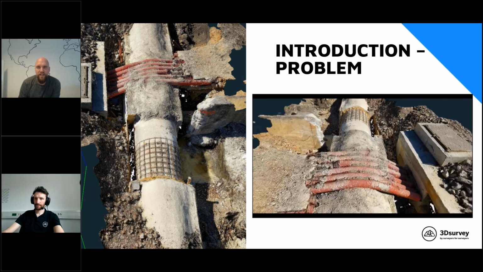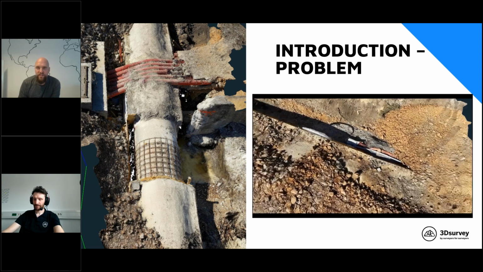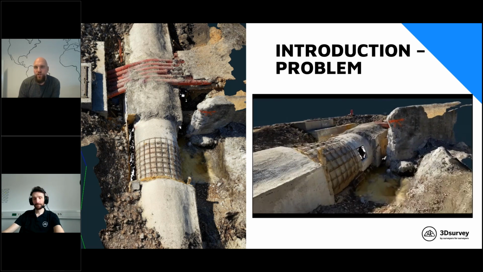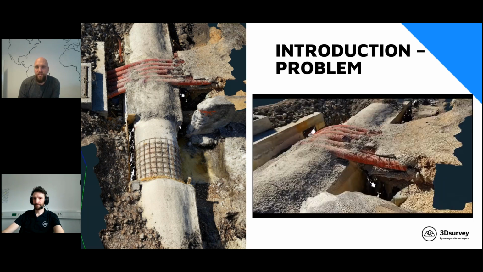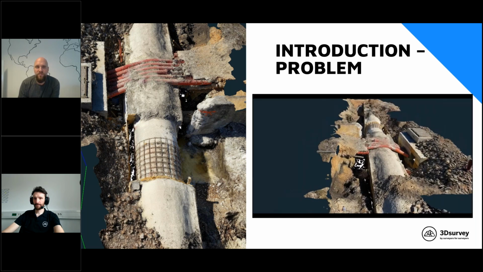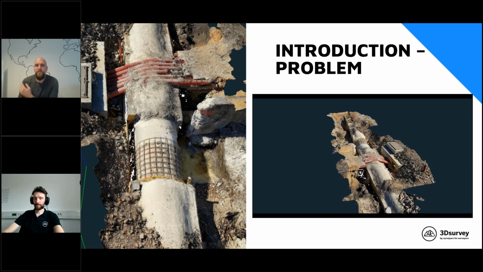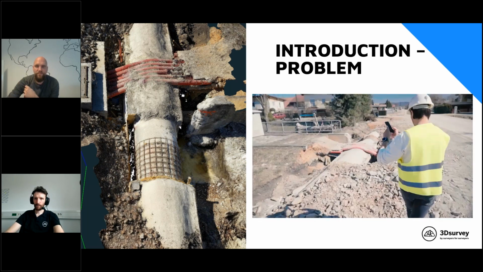So we ended up getting models that were only generally georeferenced. We tried working with ground control points or some points measured on the terrain, but we figured that this might not be the most user-friendly approach. So because of that, we started looking into different options.